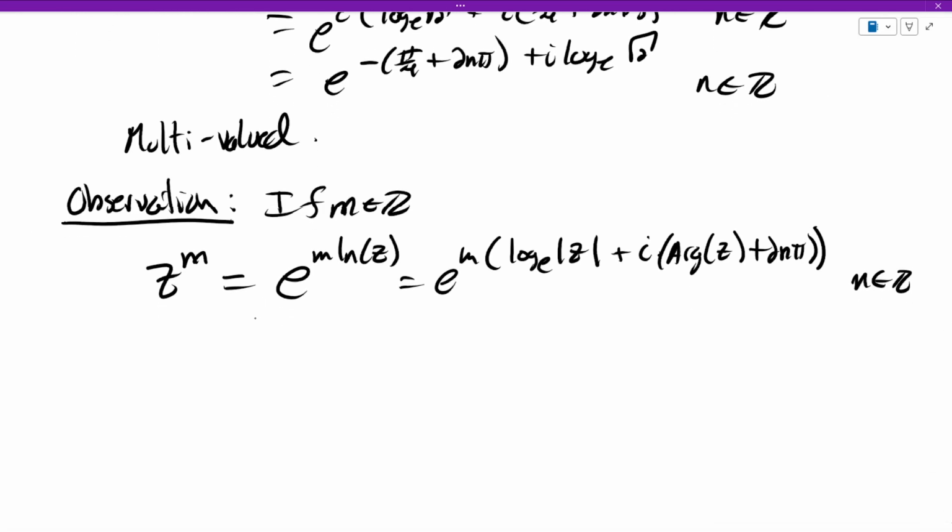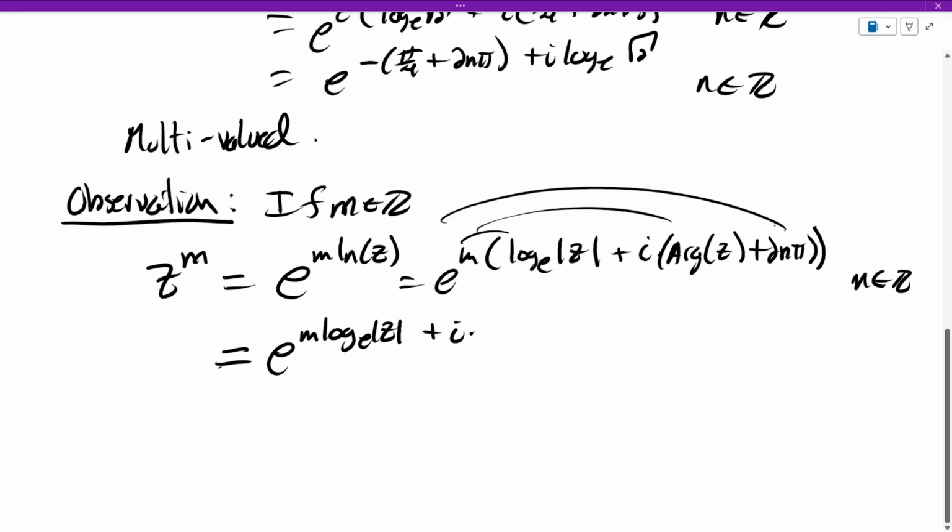So let's multiply that m through. So this is e to the m log z, plus i times, and then I'm going to multiply the m through those guys as well. So that's m arg z plus 2mn pi. Now, what do we notice here?